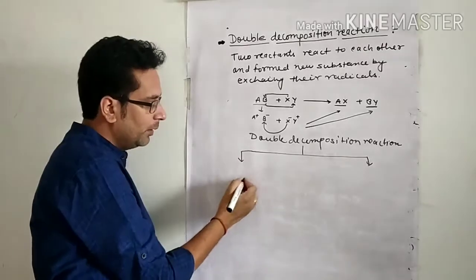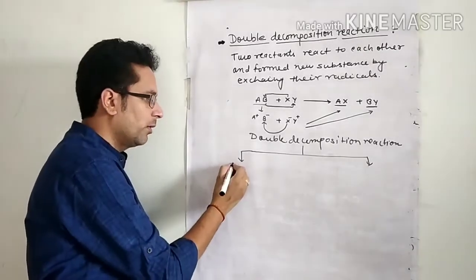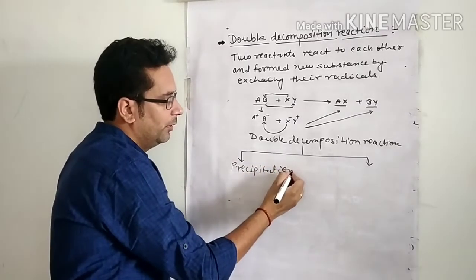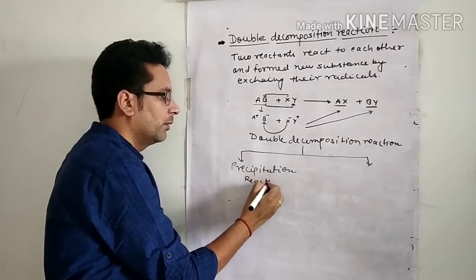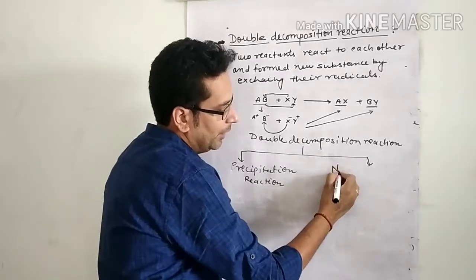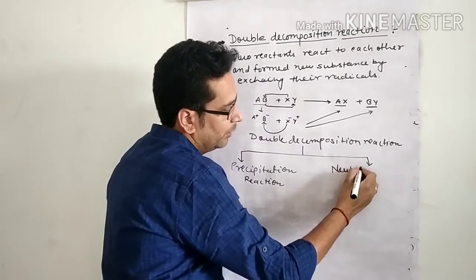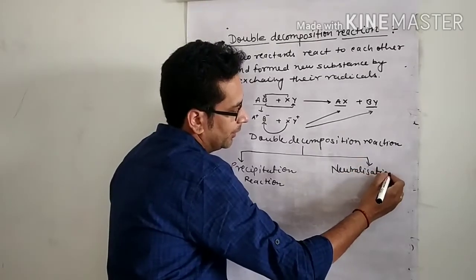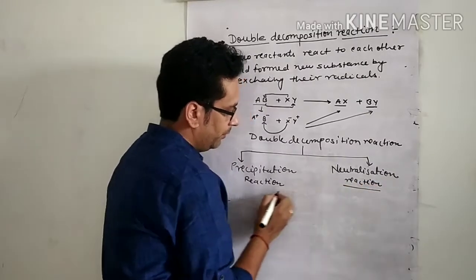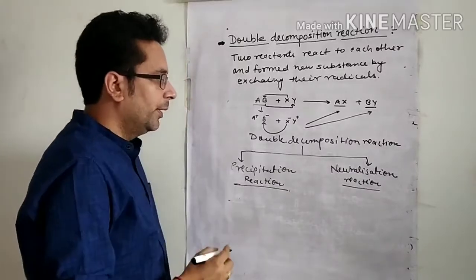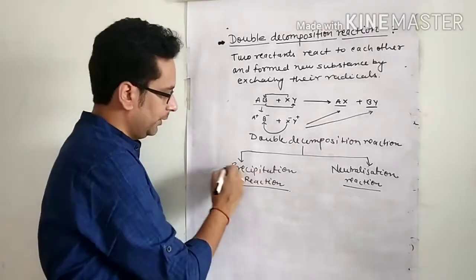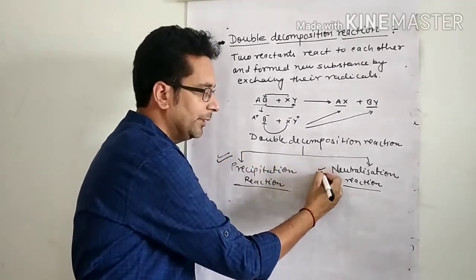One is precipitation reaction, and the other is known as neutralization reaction. So double decomposition reactions are of two types: precipitation reaction and neutralization reaction.